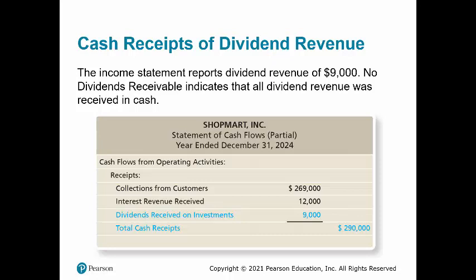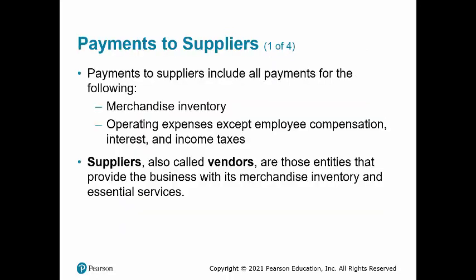So the statement of cash flows shows cash received from dividends of $9,000. Then we total those three types of receipts to get total cash receipts of $290,000.